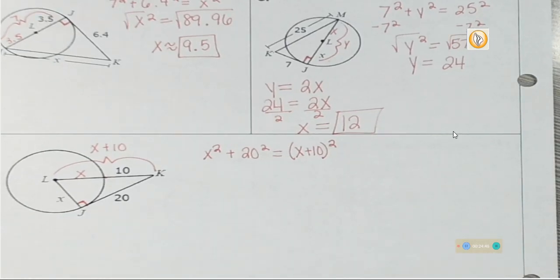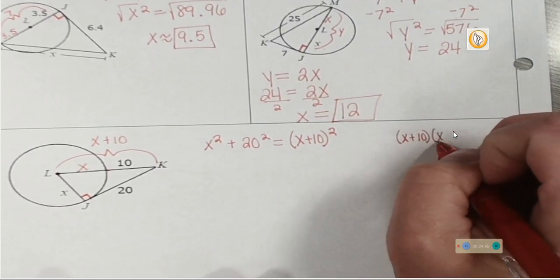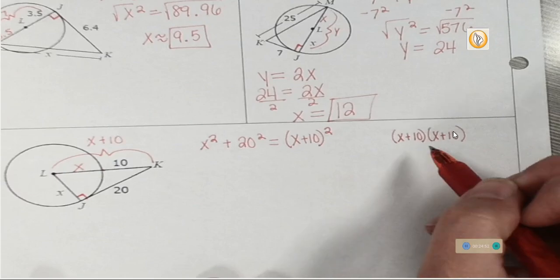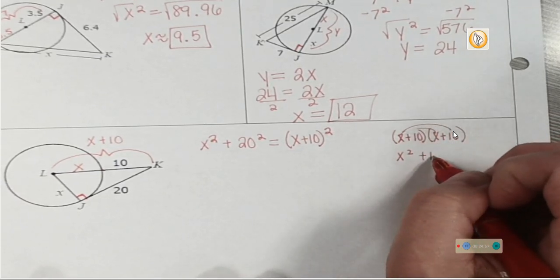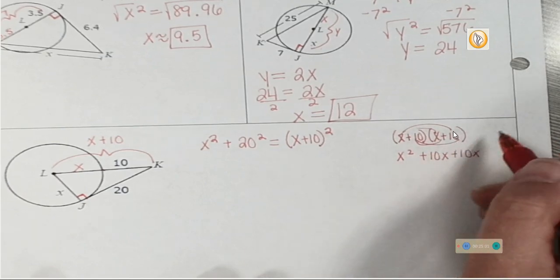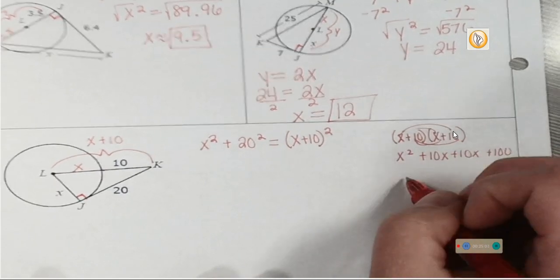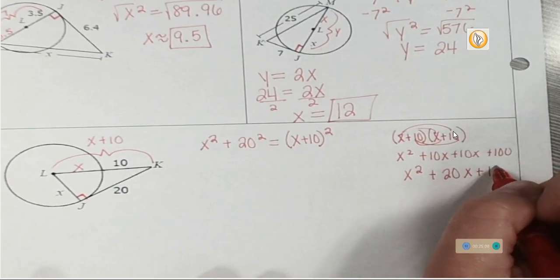Now, I'm going to come to the side and simplify this. So x plus 10 times x plus 10. x times x is x squared, x times 10 is 10x. Distribute the 10, 10 times x is 10x, and 10 times 10 is 100. So when you simplify it, that would be x squared plus 20x plus 100.